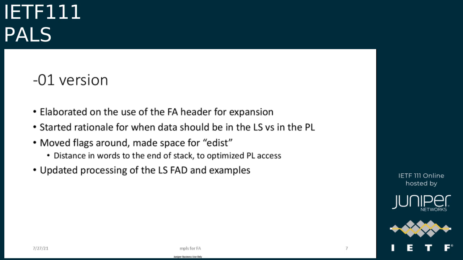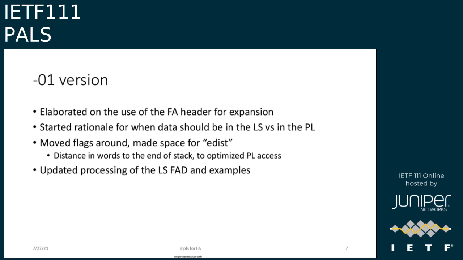We moved some of the flags around in the 0.1 version to make space for what we call an end of stack distance, which is essentially a slightly faster way to find the end of stack. There are only 4 bits, so depending on whether you count in 4-octet or 8-octet chunks, you can try to get to the end of stack faster, but you're not guaranteed to get to it.